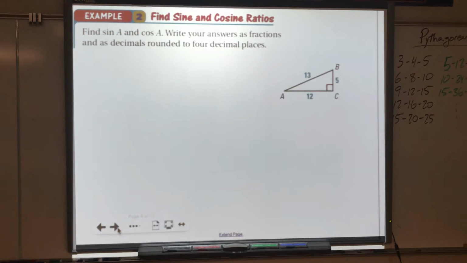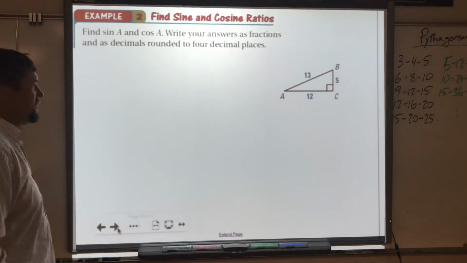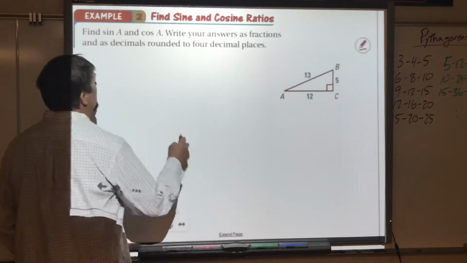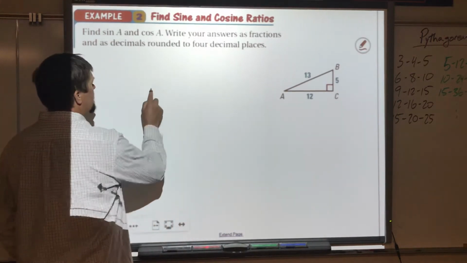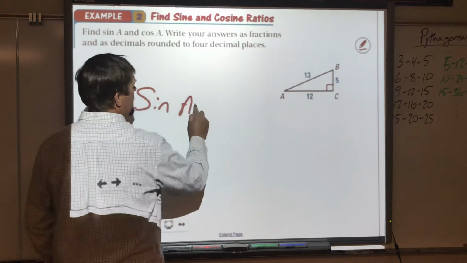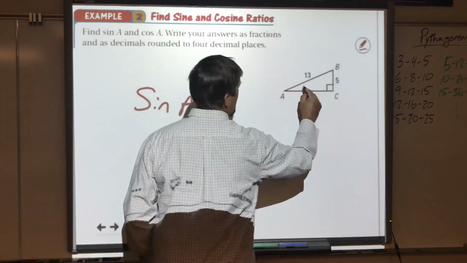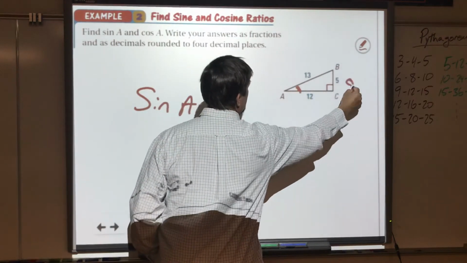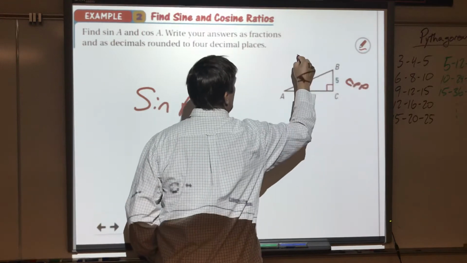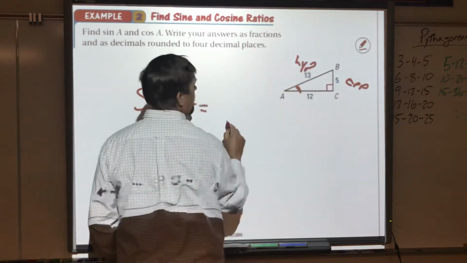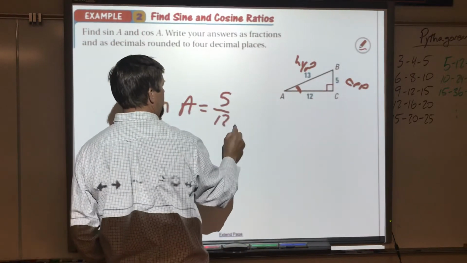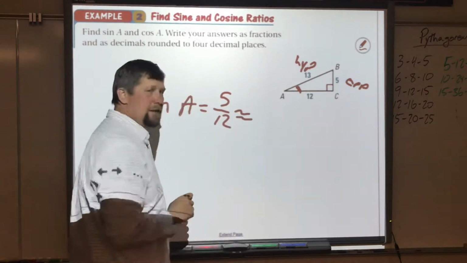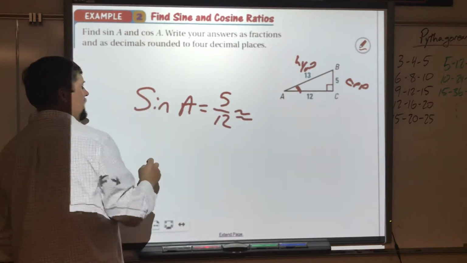It says write your answer as a fraction and as a decimal rounded to 4 decimal places. So you're actually finding the sine of A. The sine of A is, here's A, opposite is here, and the hypotenuse is here. So we have 5 over 12, and then you could approximate that on your calculator.